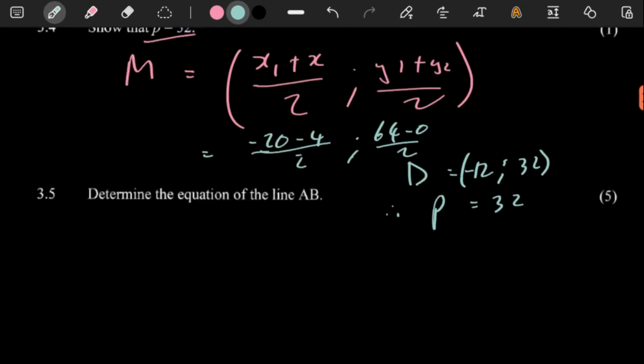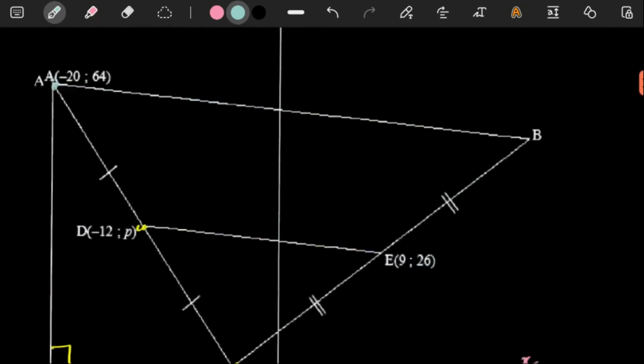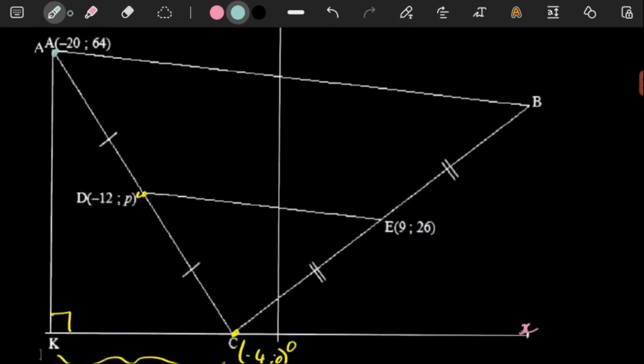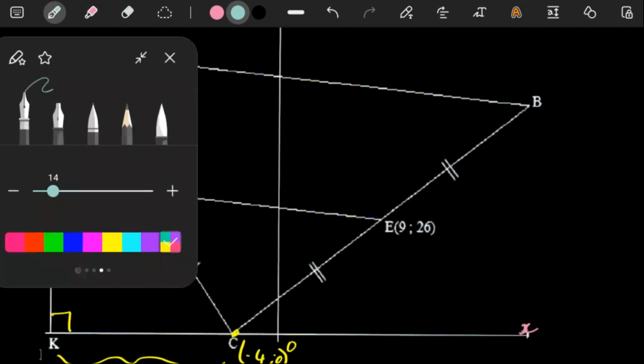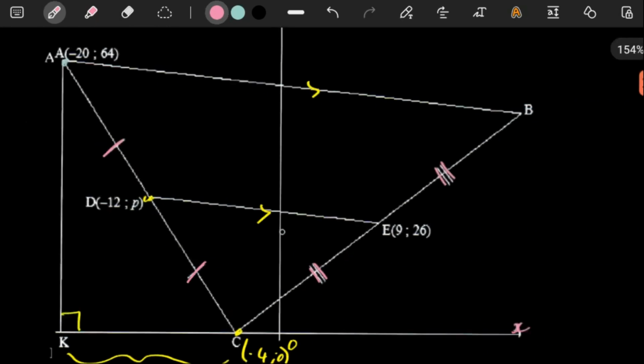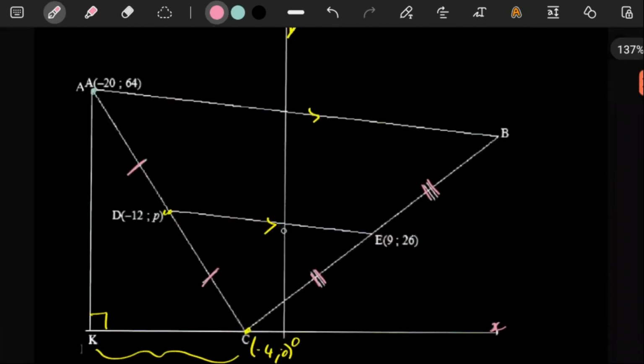So determine the equation of the line AB. Where is AB? A is over here, B is over there. Quite interesting. This is where your theory comes in. In this question, you need to know that the line AB is parallel to DE. There's a law that states that if a line inside a triangle cuts two sides of your triangle in half, then that line is parallel to the third side, and it is half of the third one.